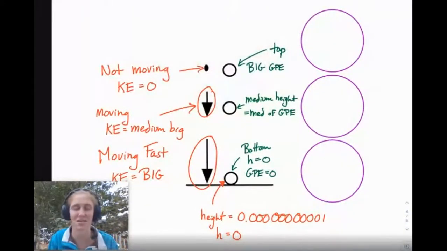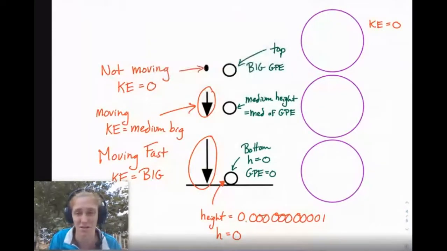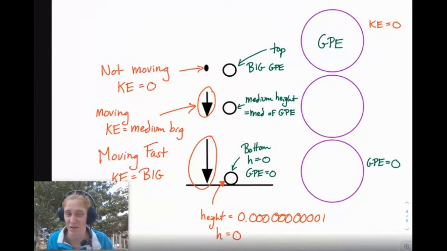So my kinetic energy at the very top is zero. So I'm not going to have any part of this be kinetic energy, but it does have a lot of gravitational potential energy. So all of this is going to be gravitational potential energy. At the bottom, I have the opposite thing happen. My gravitational potential energy is going to be equal to zero because it's basically all the way at the ground.